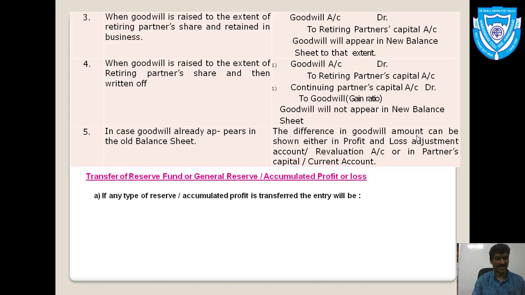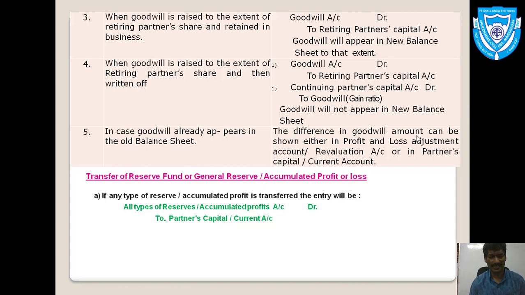In the first case, when reserves or accumulated profit are transferred to the capital account, all types of reserves or profits account are debited, and partners' capital or current account will be credited.